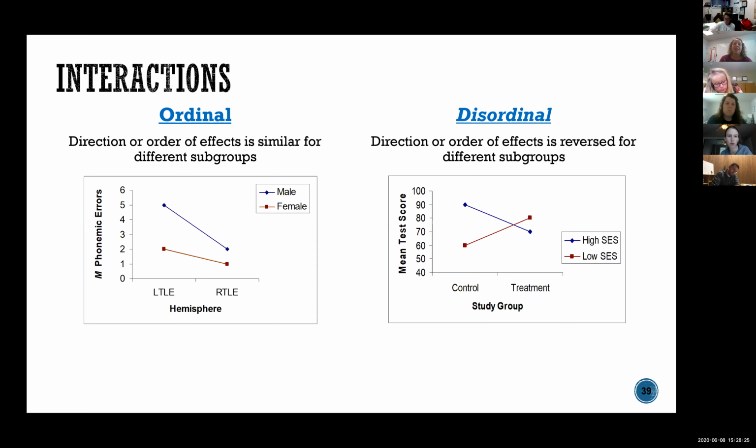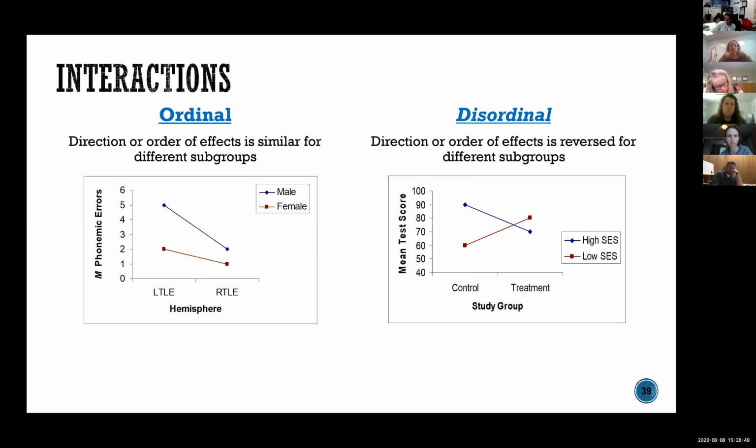Here we could say that across the board, men have more errors, and across the board, left hemisphere damage results in more errors than right. But it looks like left hemisphere damage is more detrimental for men than it is for women.